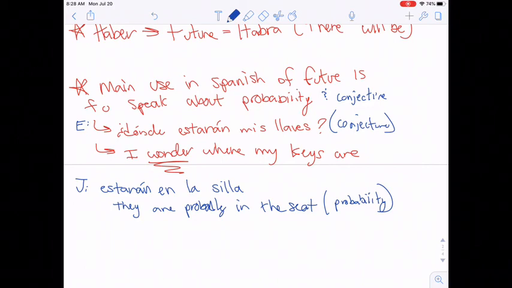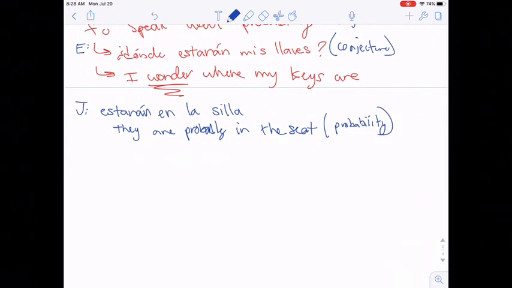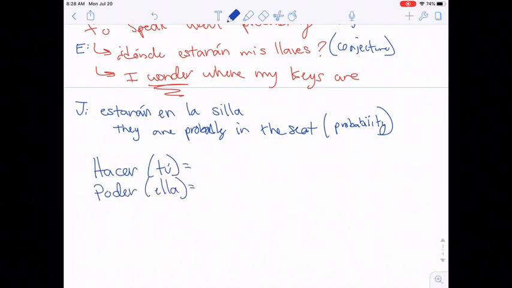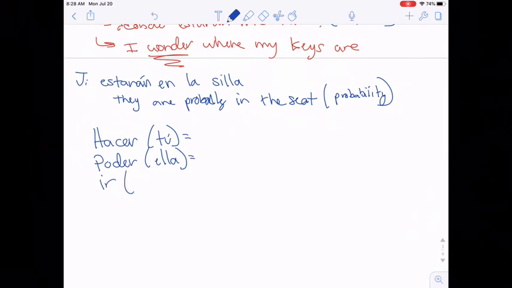Muy bien. So just conjugate a couple of these for me. So we have hacer, tú form, poder, in the ella form, and ir in the yo form.